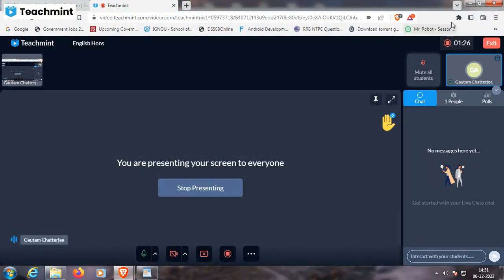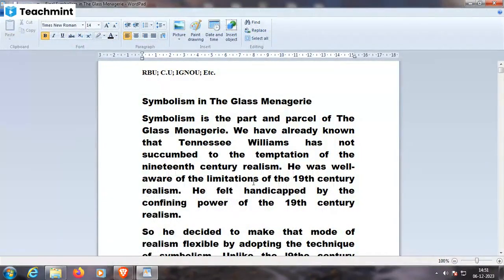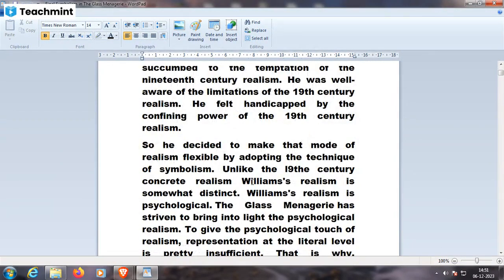He was well aware of the limitations of the 19th century realism. He felt handicapped by the confining power of the 19th century realism. So he decided to make that mode of realism flexible by adopting the technique of symbolism.